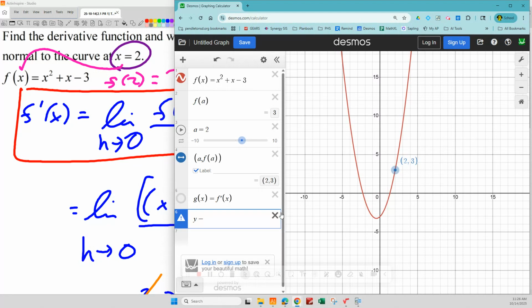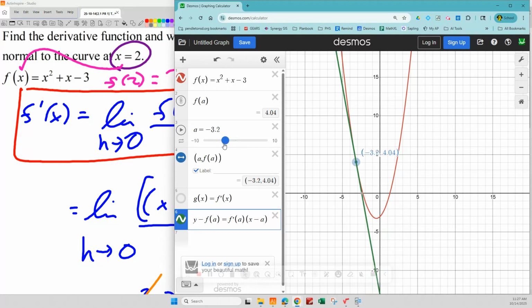Everybody see that? So y minus f of a equals m. Well, what's m? F prime of a, right, in this case, or g, whatever you want to call it. We'll just call it f prime. F prime of a, I could have called it g of a, times what? X minus a. Hey, look at that. Look what we got. I got the equation of the tangent line, but look how cool this is.